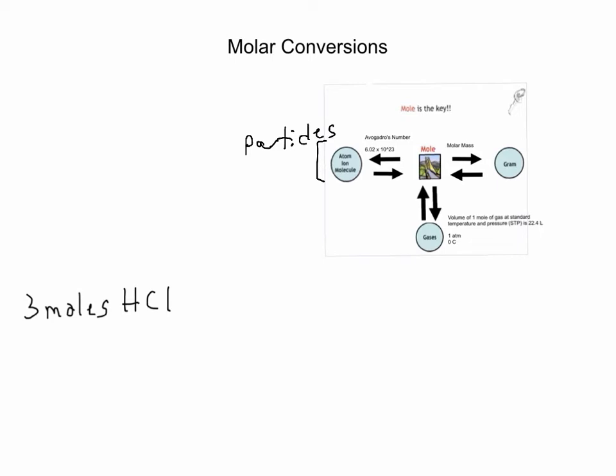So we have to convert it to particles or molecules, depending on what we're looking at. So we put our given over 1. The next step is multiply by a new fraction. Old unit on the bottom, so moles of HCl go on the bottom. And in this case, HCl, it's a molecule, will go on top.